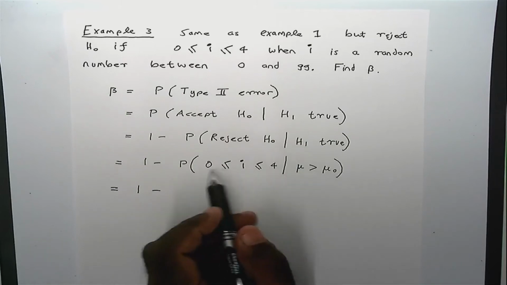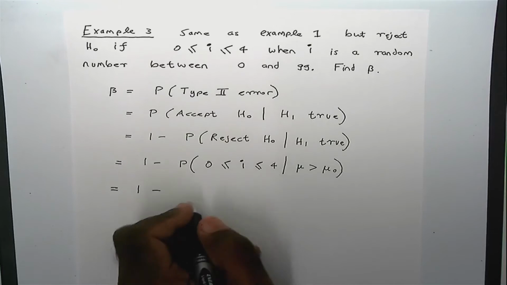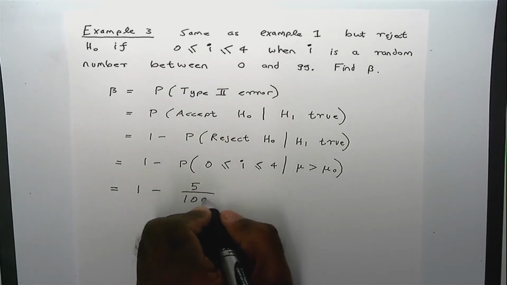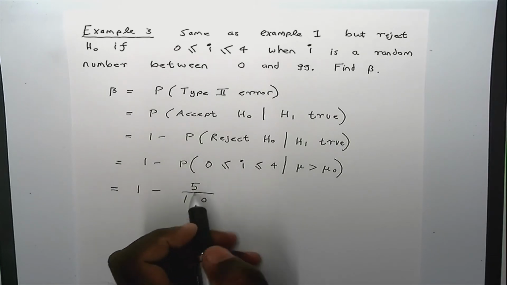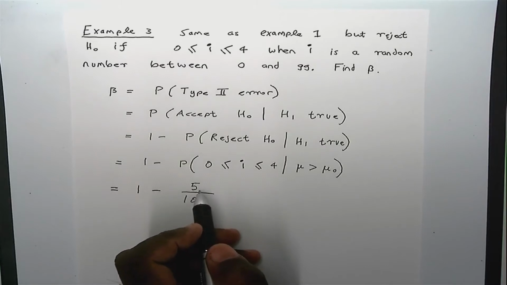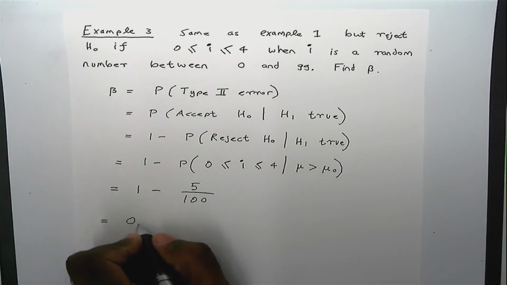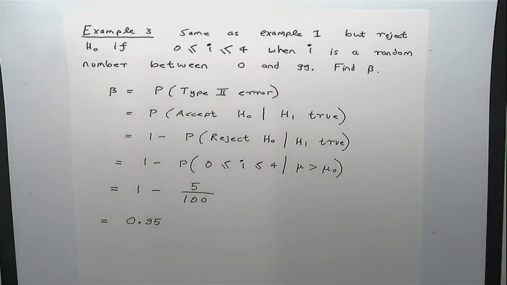So basically you're looking for the probability that I is between 0 and 4 inclusive, which is 5 out of 100. Because there are 100 numbers between 0 and 99, and there are 5 numbers between 0 and 4. Okay. So the answer is 0.95. So this completes example 3.